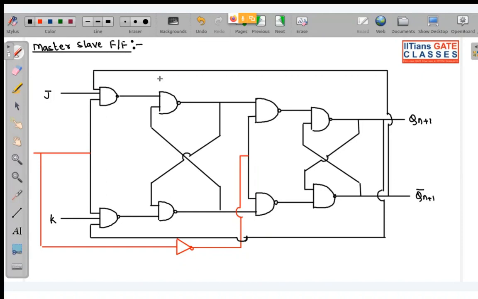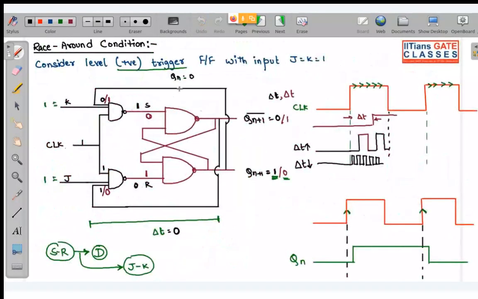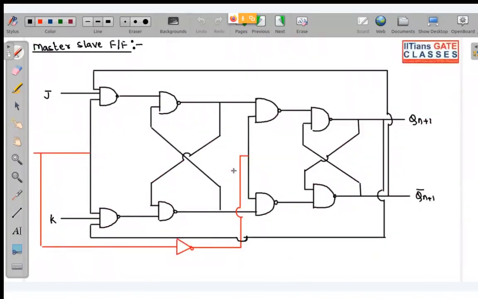Now, how is this master slave different? Let me show you. First let me ask you, what was the problem due to which we had the race around condition? It was due to these two feedbacks. These two feedbacks were causing the race around condition. Now look very carefully over here.